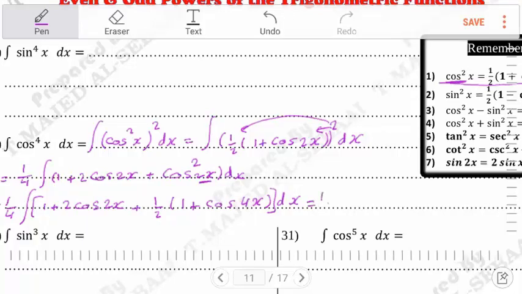So it's going to be 1 over 4 bracket. Integration of 1 is x plus, what is the integration of 2 cosine 2x? It is 2 sine 2x over 2, right?